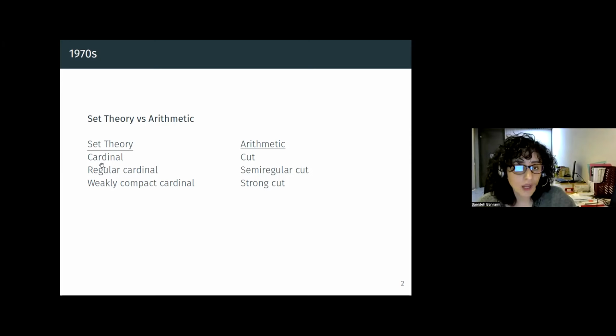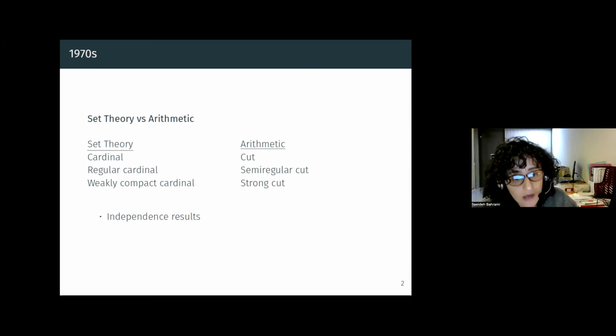It's a tradition in set theory to attribute combinatorial properties to cardinal numbers. In a similar way, we can investigate such combinatorial properties for cuts. For example, regular cardinals correspond with semi-regular cuts, weakly compact cardinals correspond with strong cuts.